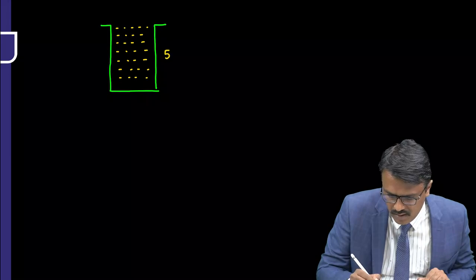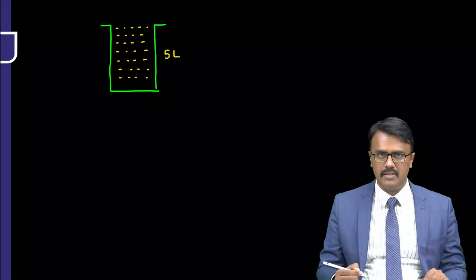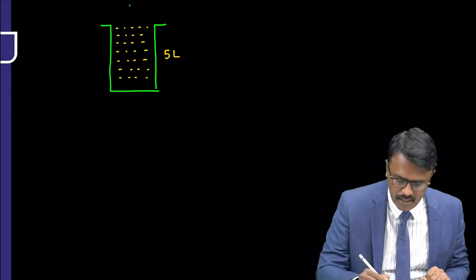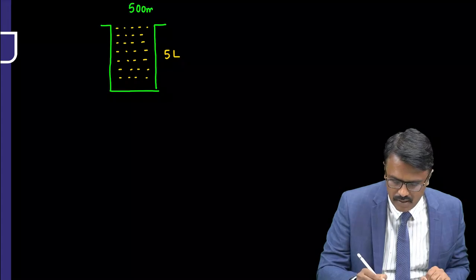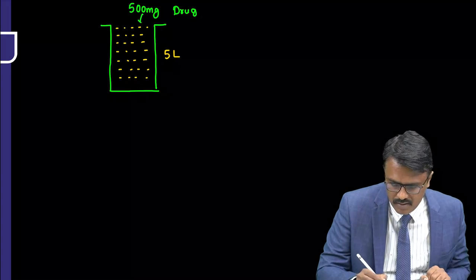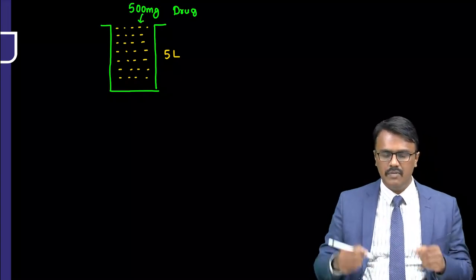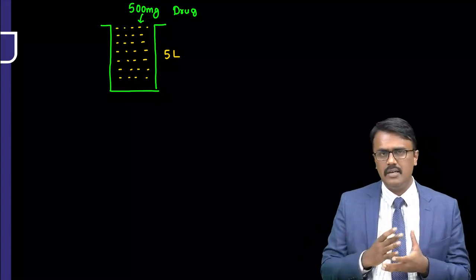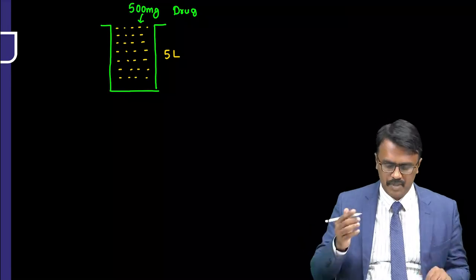Let us say the water is around 5 liters. To this jar, we added 500 mg of a drug. When we add that 500 mg of the drug, it will dissolve and be uniformly distributed.